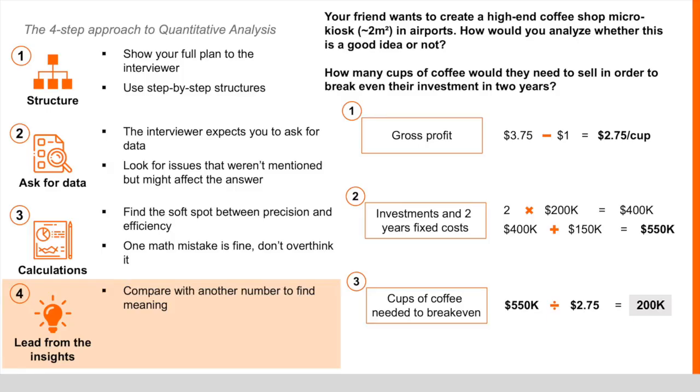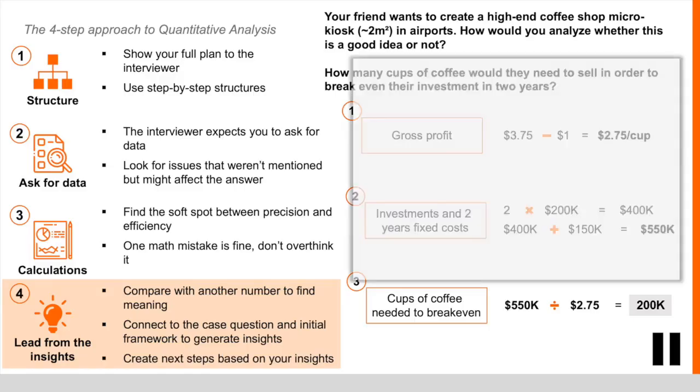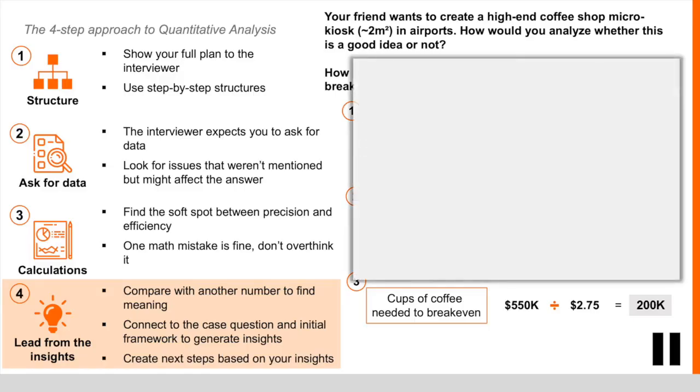Number 2, you're going to say what this means from the case question point of view. So what does this number mean to the entire engagement that we're doing, to the case question that the interviewer told us right in the beginning of the case? And number 3, you're going to say what you and the client and the team should do next based on that. Okay?